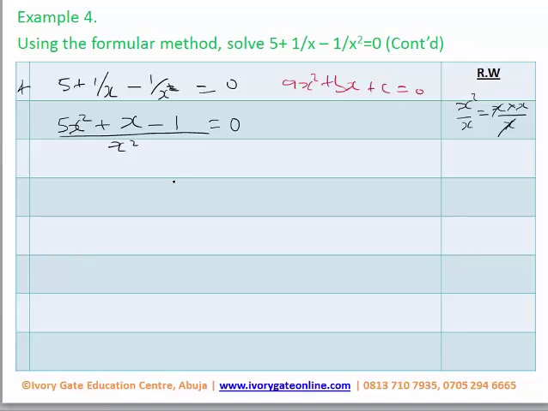Okay, so here we can eliminate the x squared that is the denominator by multiplying both sides by x squared. Either we say multiplying both sides by x squared or we say cross multiplication. Either way, the x squared this side will cancel out, and x squared multiplying 0 here will still be 0.